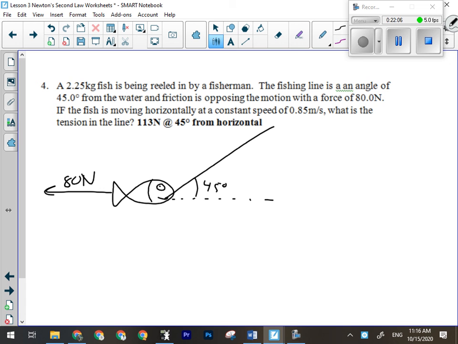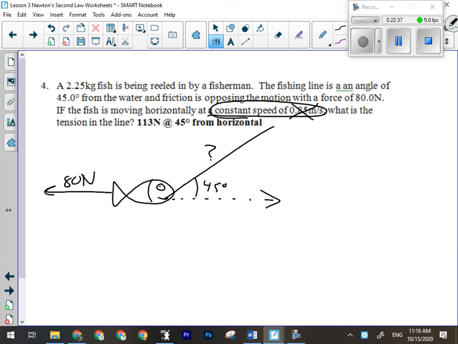We're looking for the tension in the fishing line. Here's the other thing: moving horizontally at a constant speed. What's my acceleration? What's my net force? If my net force is 0 and I have 80 newtons resisting, how big is this side right here?